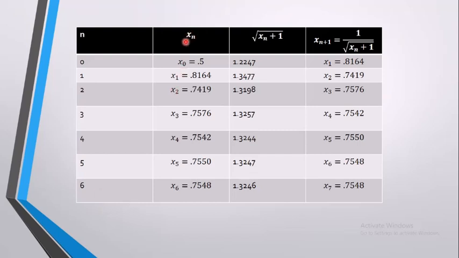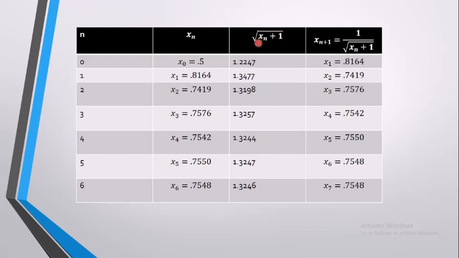x_n is the approximate root. When n is equal to 0, in the place of x_n you will get x0, that is equal to 0.5, the initial root that we have already fixed, so there is no doubt in this. In the next column, we are going to take the root of (x_n + 1).